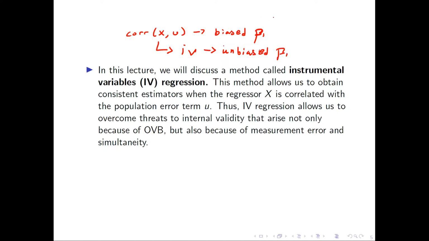Remember that this beta is the causal effect of x on the y variable. So even if the correlation comes about because of measurement error, simultaneity, or an omitted variable, we can use instrumental variables regression to get close to the unbiased causal effect.